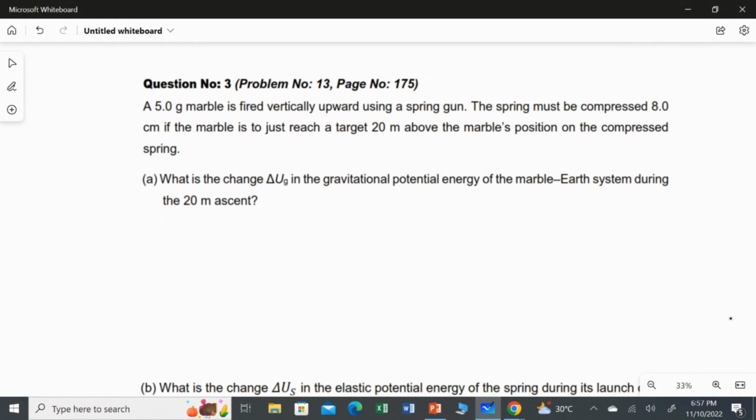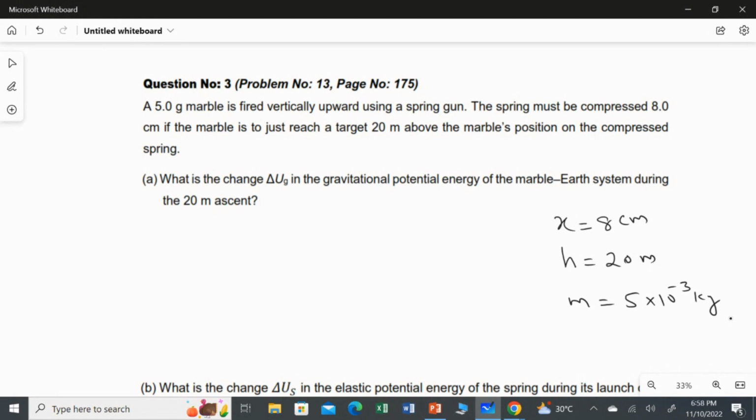That means the x value, how much you are pushing the spring in the inward direction, up to 8 centimeter level you are compressing the spring. And when you shoot, the marble goes to a height of 20 meters. That means the total height reached by the marble is exactly 20 meter. Clear? And the mass of the marble is 5 gram, so I have to convert this into kilogram.